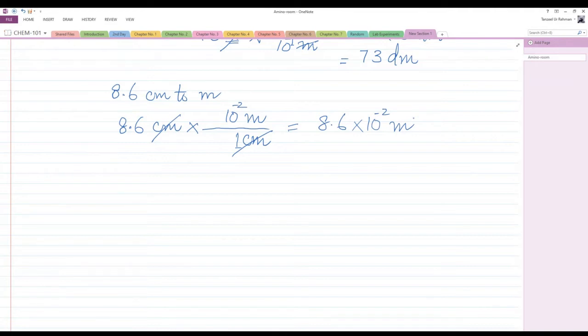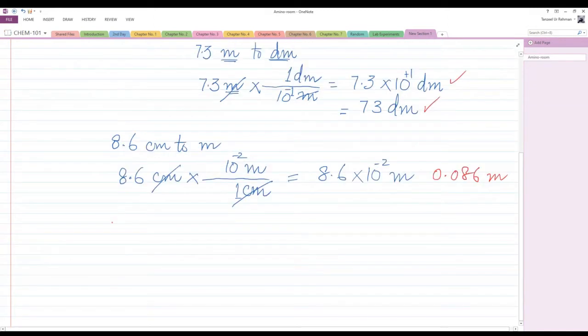Yes, any question? Okay, this is simple. And convert 3.7 decimeter to millimeter. How will you change?